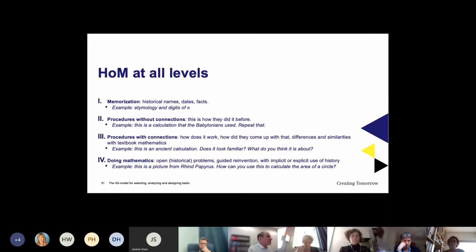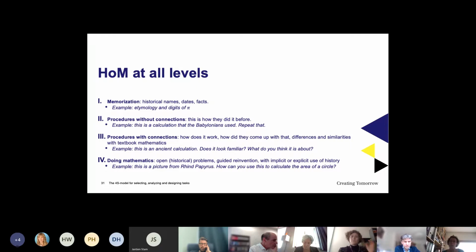And finally, on the doing mathematics level, you could look at historical problems, more open problems. You can do some guided reinvention. I gave you an example here from the circle. You can show them a picture that's on the papyrus and ask the students if they can use this picture to calculate the area of a circle themselves.